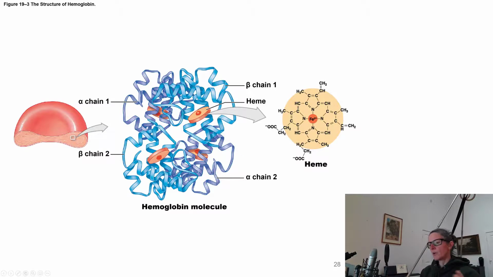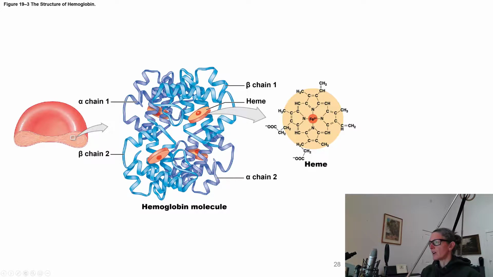And this will be important as this hemoglobin molecule passes from areas of low concentration to high concentration. So it'll pick up oxygen where it needs to and let go of oxygen where it needs to. And we'll talk about that in a lot of detail when we get to the respiratory system.